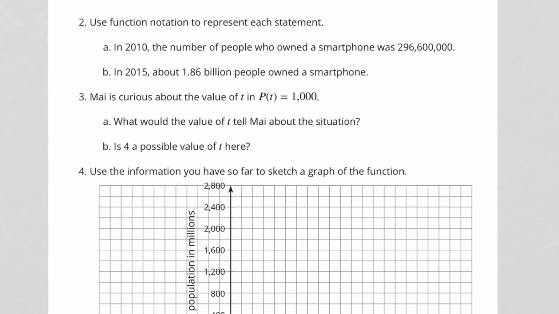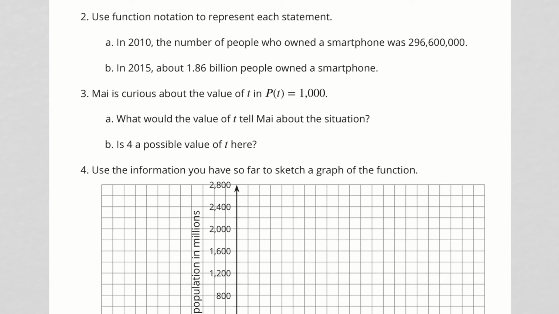All right, use function notation to represent each statement. We have, in 2010, the number of people who owned a smartphone was 296,600,000. So what would my equation look like here? First thing I want to do is say, in 2010, what would my T be? 10.